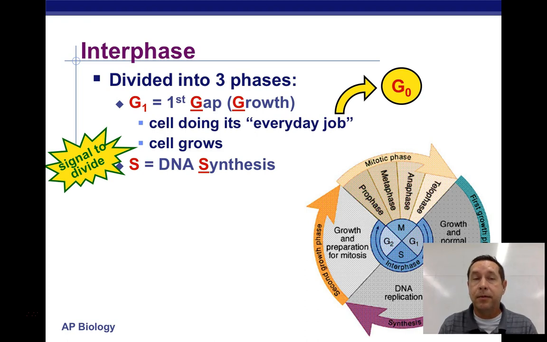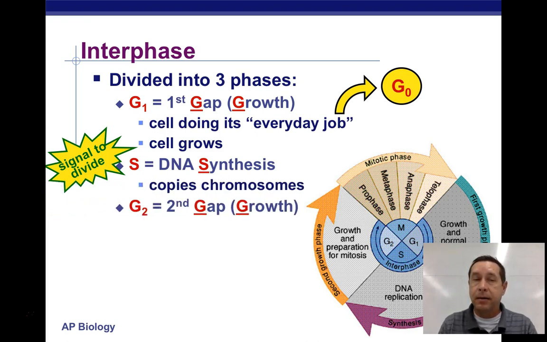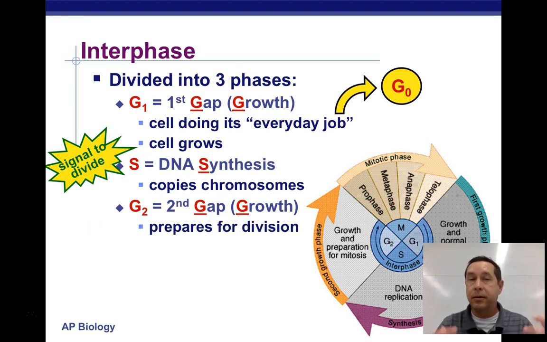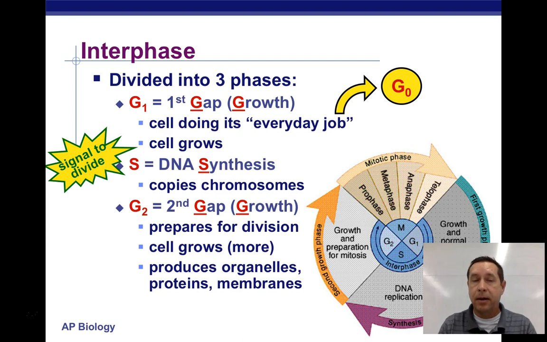Then the cells would move into the S phase, or the DNA synthesis phase. This is when the DNA, the chromosomes, get copied. From there, the cell would move into the G2 phase, the second gap or growth phase. This is where the cell is going to do all the preparation it needs for division. It's going to grow some more. It's going to make organelles, proteins, it's going to make membranes. It's going to do all the things it needs to do to make a new cell.